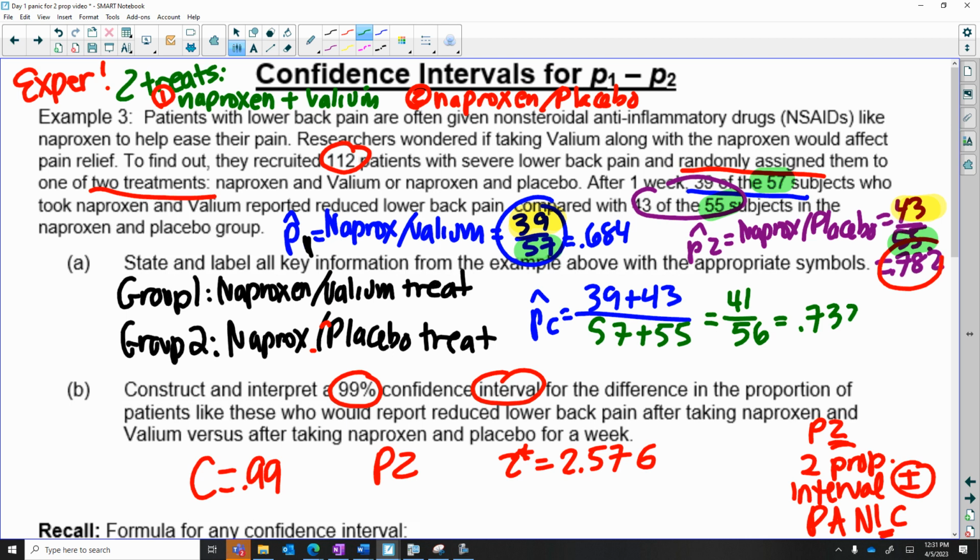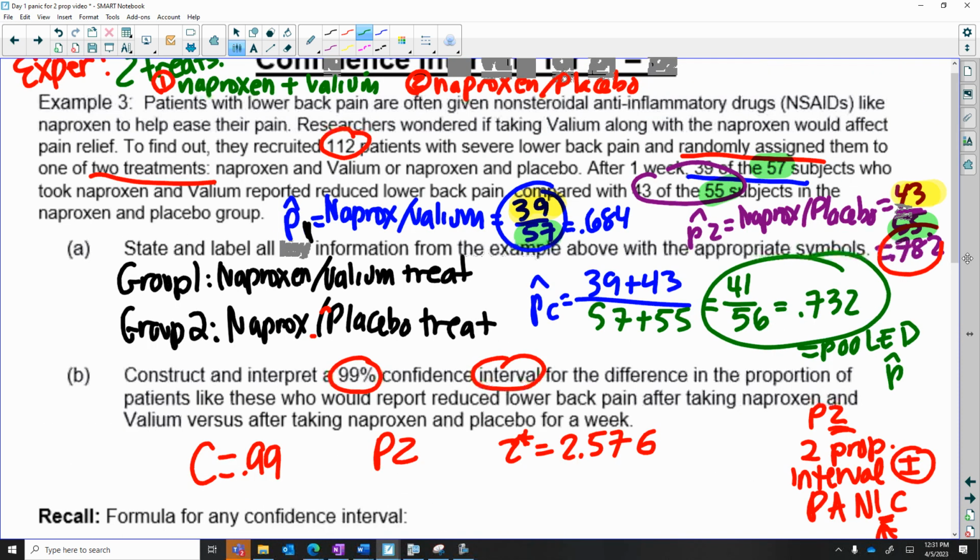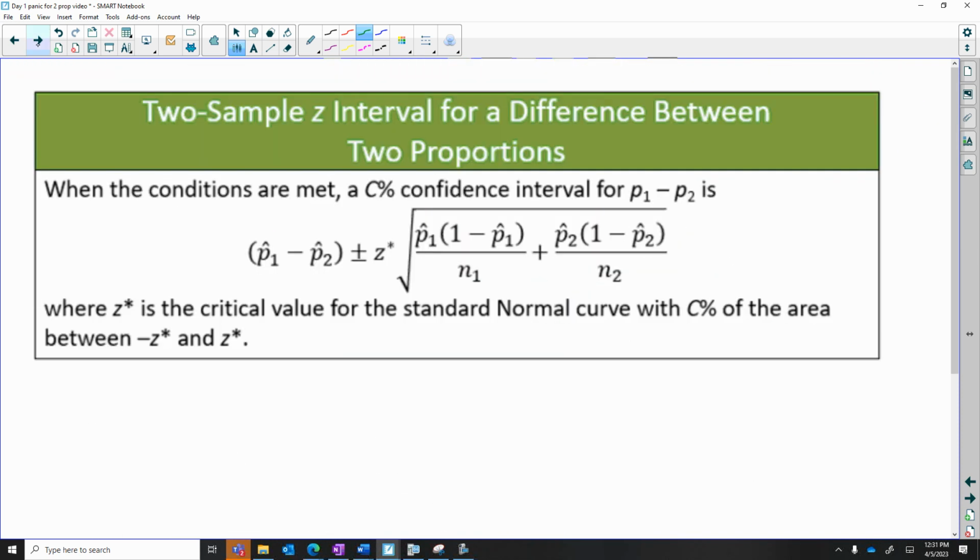So now we have our pooled p hat. Let's say I wanted to do the test on this data. We already set up the two populations and did our hypotheses. We got 41 over 56 for our pooled p hat.